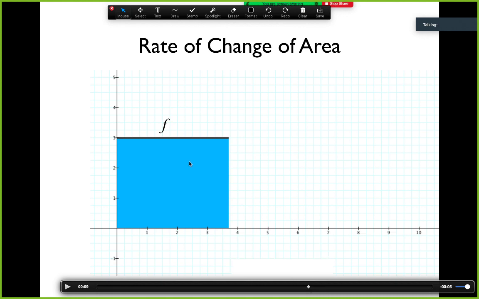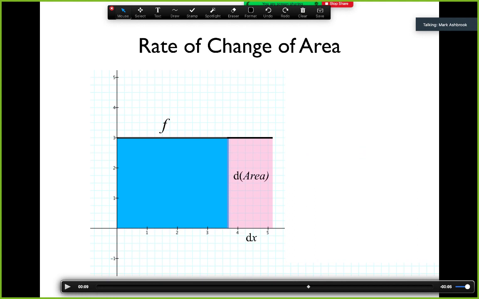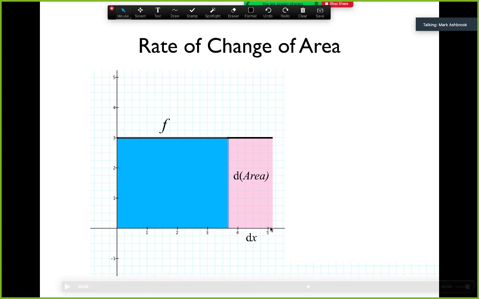Here's the current value of the area for this value of x right here, 3.7 or something like that. What we want to do is think about increasing x a little bit and then looking at the corresponding increase in area. So here's a current value of x, and then we let x increase an amount dx.